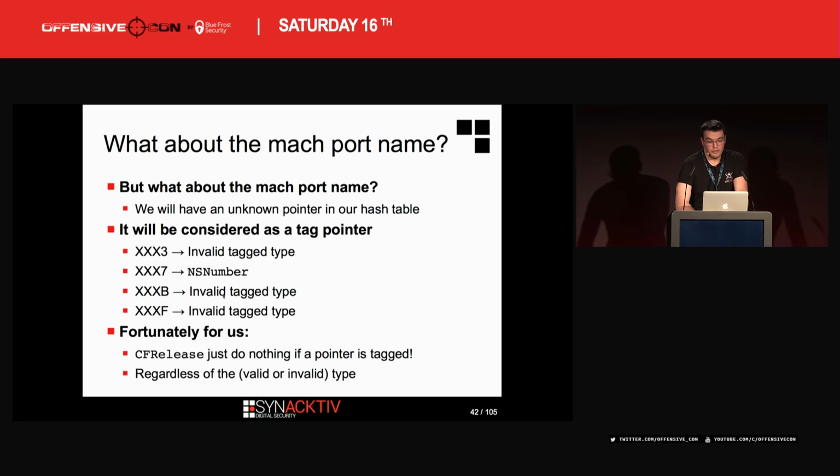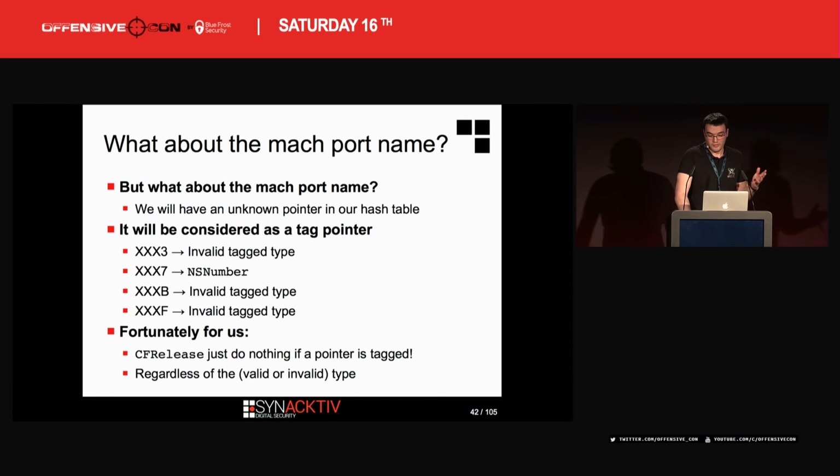3, B, and F are not valid tagged types. As I said to you, using invalid tagged types might crash your program. Fortunately for us, when we destroy the CFSet to trigger code execution, the function that will be called is CFRelease. And CFRelease considers that if you are trying to release a tagged pointer, there is nothing to do because there is no allocation associated with a tagged pointer.